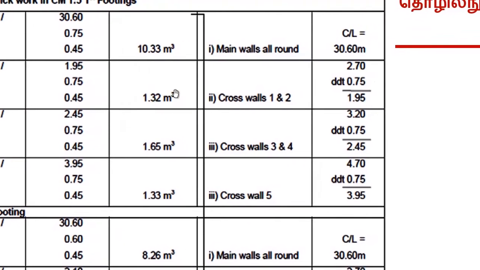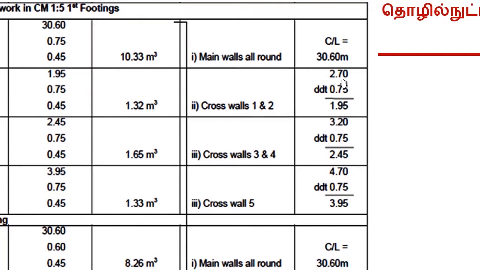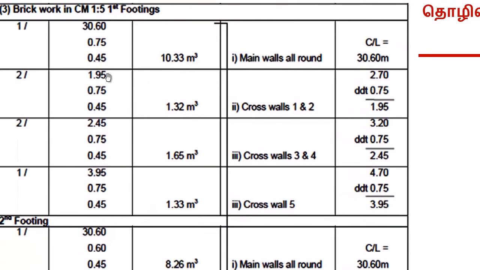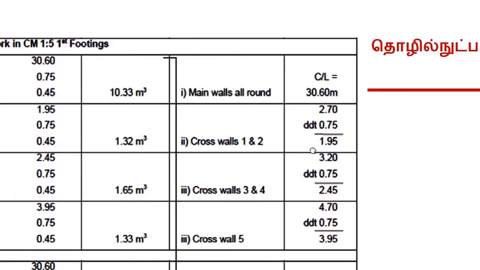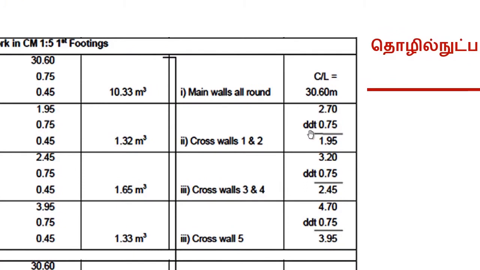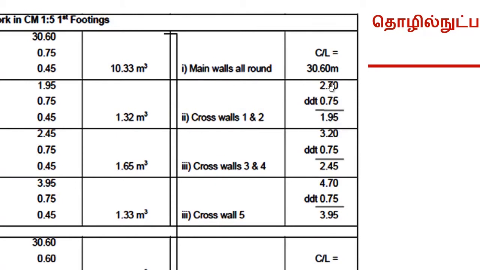The same way we are calculating cross wall 1 and 2. The center to center length of cross wall how much? 2.70 meter. Here we deduct 0.75 because the first footing breadth is 0.75 meter. So 2.70 minus 0.75 is 1.95.